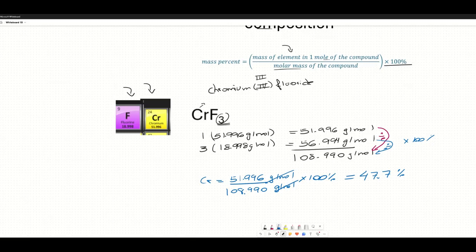Then I have the fluorine. I have 56.994 grams per mole divided by the total grams per mole, times 100. 56.994 divided by 108.990 times 100 will be 52.3%.